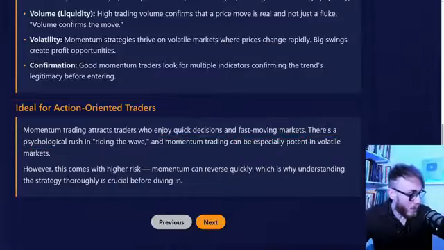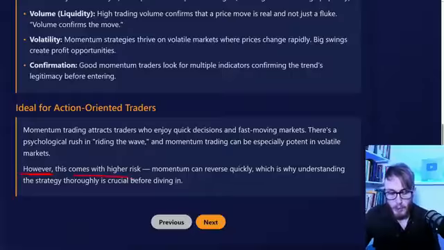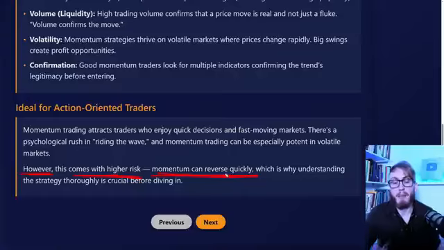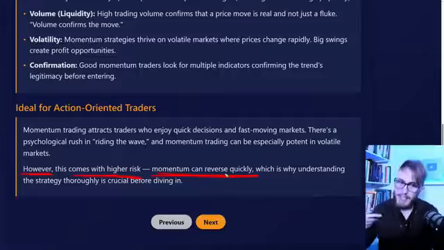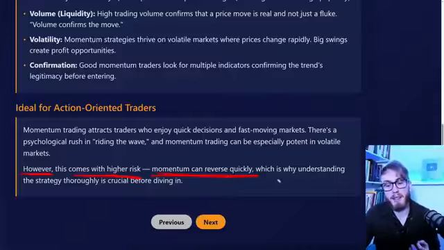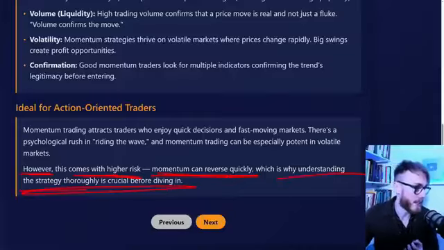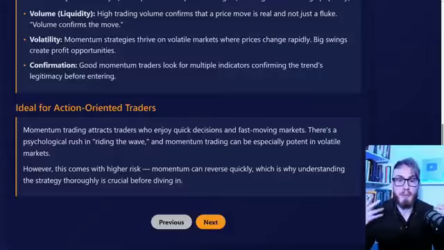However, what I do want to mention already, momentum trading comes with a higher risk, because if we are not careful, momentum can reverse quickly. So when we are riding a very strong wave, if this wave starts to reverse, it can reverse quickly. And this is why understanding the strategy is very important. So now let's take a look at some momentum trading strategies step by step.